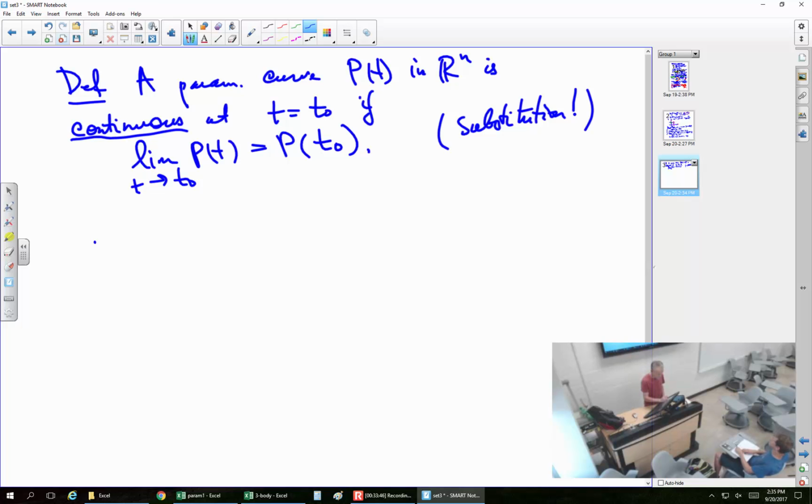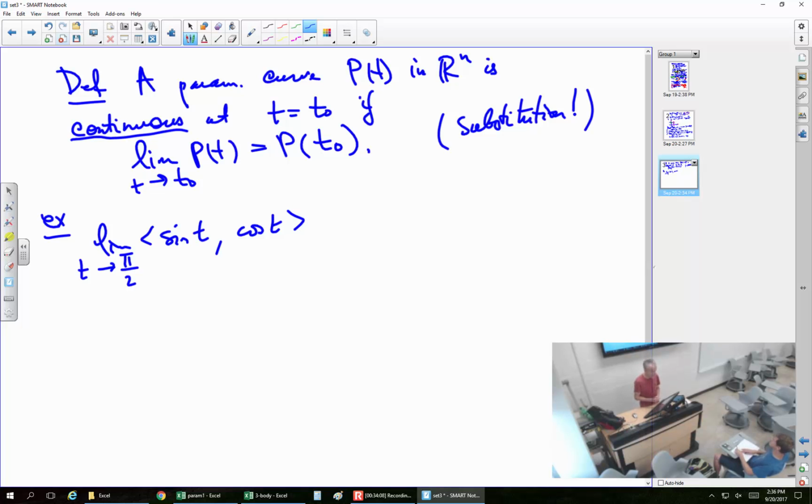Say, the limit of (sin t, cos t), my curve, as t goes to pi over 2. So how do I compute it, practically speaking? How do I compute it to verify the continuity of the curve? We certainly do know that it's a continuous curve, but how do we know?